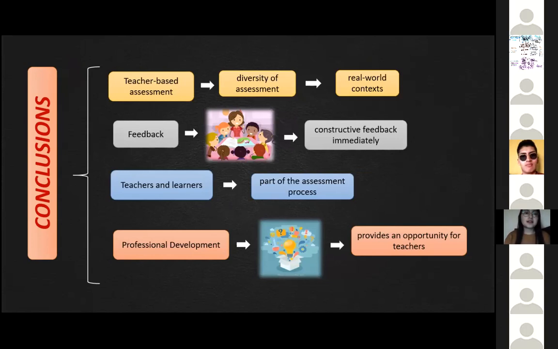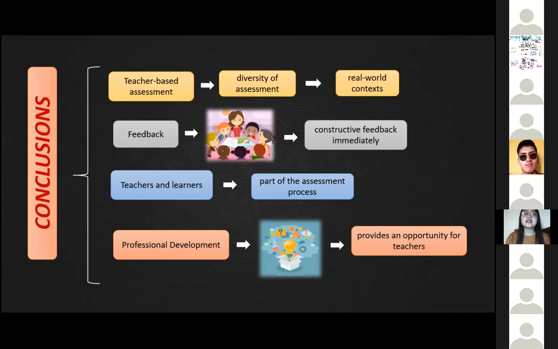As conclusions, we could say that teacher-based assessment extends the range and diversity of assessment collection opportunities, task types, and also real-world contexts. Feedback: learners can receive constructive feedback immediately after the assessment has finished, and this improves their learning.